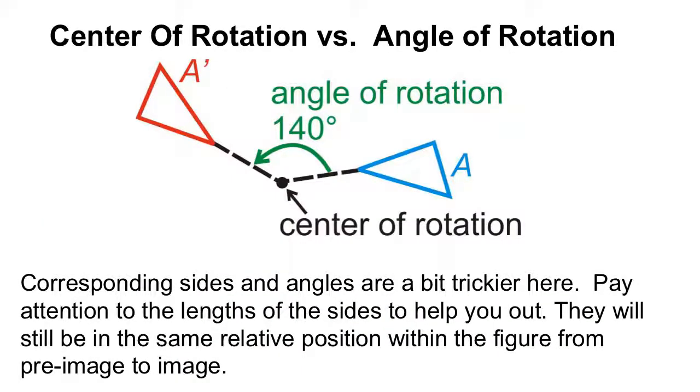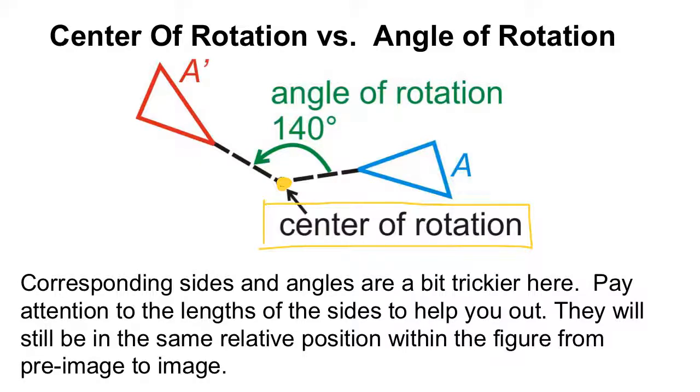Let's talk about some of these vocabulary terms with a picture that might help us a little bit. And so we're going to start with our center of rotation right here. And so I want you to pretend that you have a pencil and you're going to stick it right on the center of rotation. And then you're going to take A and you're going to turn it on that pivot point.